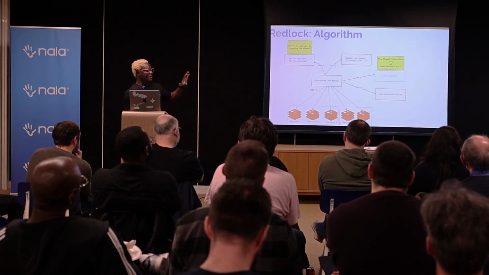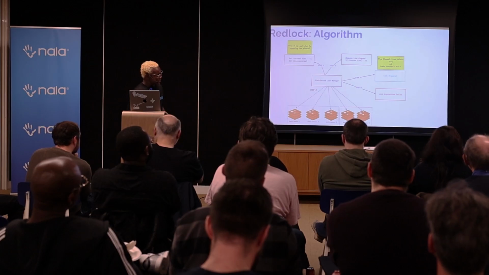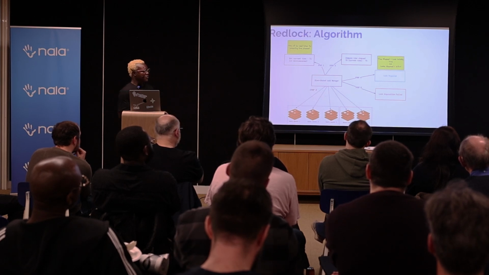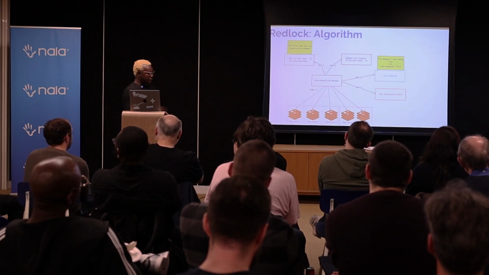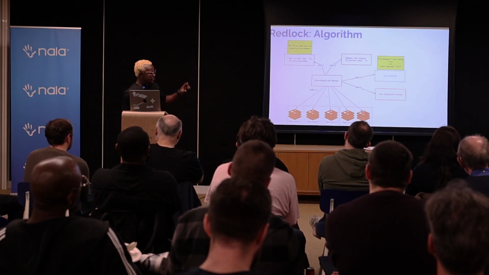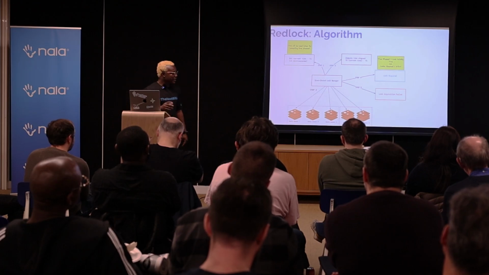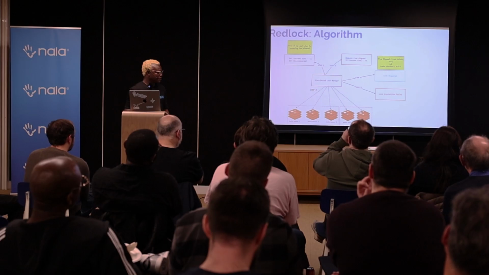Then in the case where the checks there are not true, either we've gone past the lock validity time or we fail to acquire a majority of the locks, we consider the lock acquisition to fail. Another thing here is there's a timeout at the point of acquiring the lock on each instance, so we don't spend a lot of time trying to communicate with a dead node, basically.